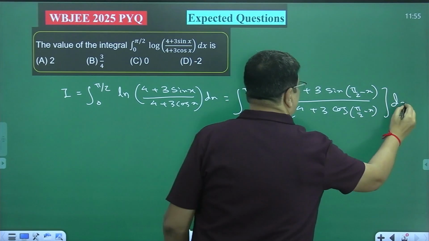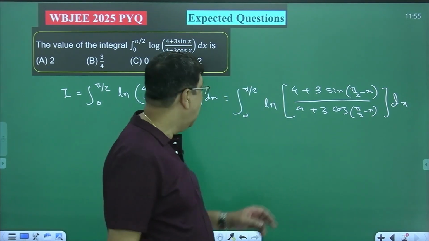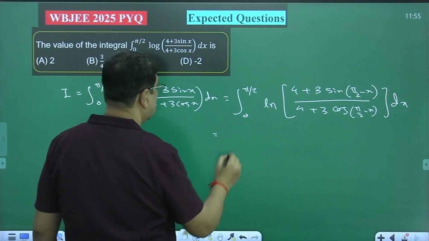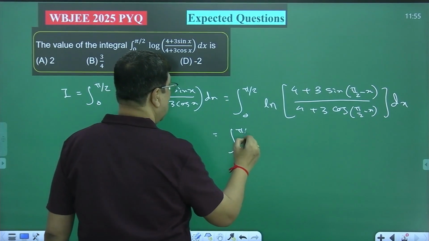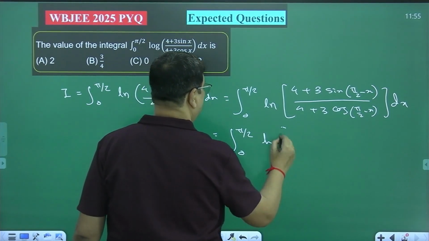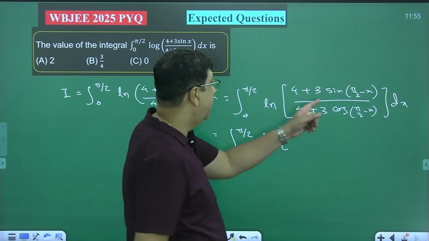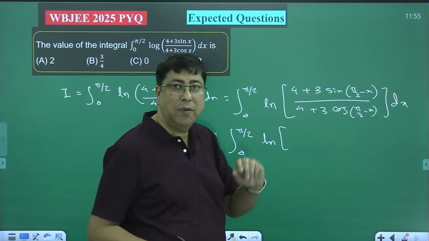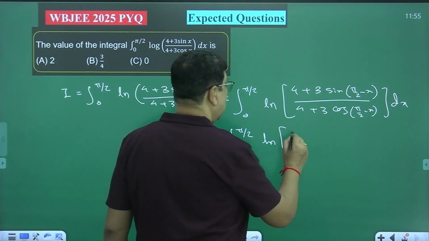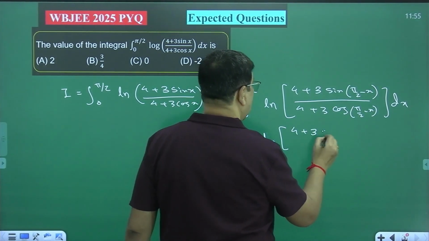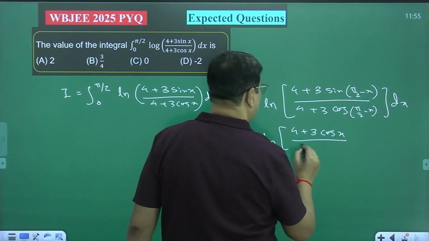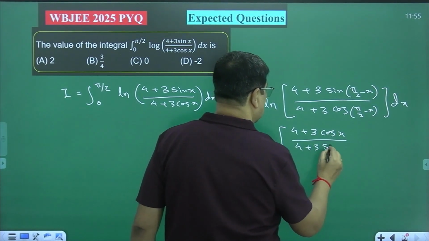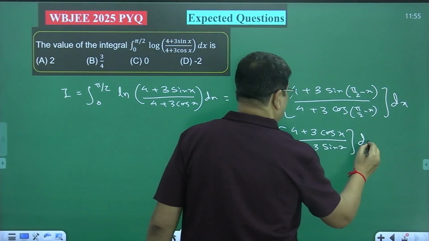Right? We have applied the king property. Now we are writing here, 0 to pi by 2 log of 4 plus 3 sin(pi by 2 minus x), which is cos x, we know, and cos(pi by 2 minus x) is sin x. So we are writing here (4 plus 3 cos x) by (4 plus 3 sin x) dx.